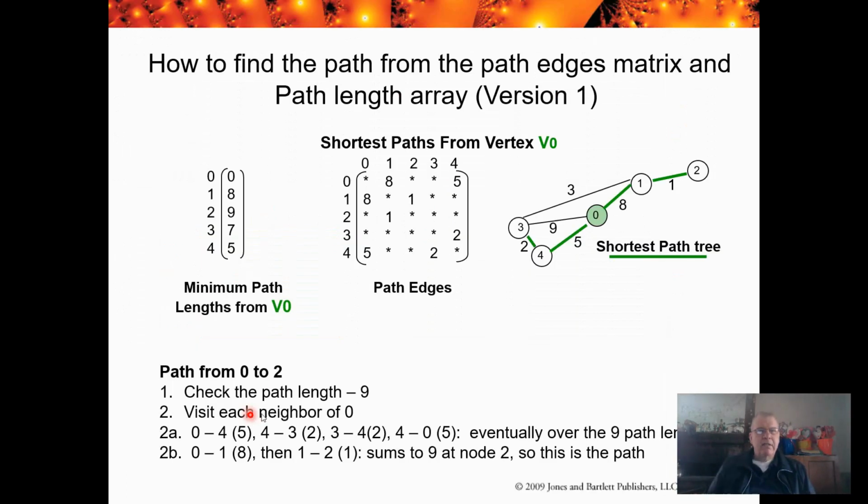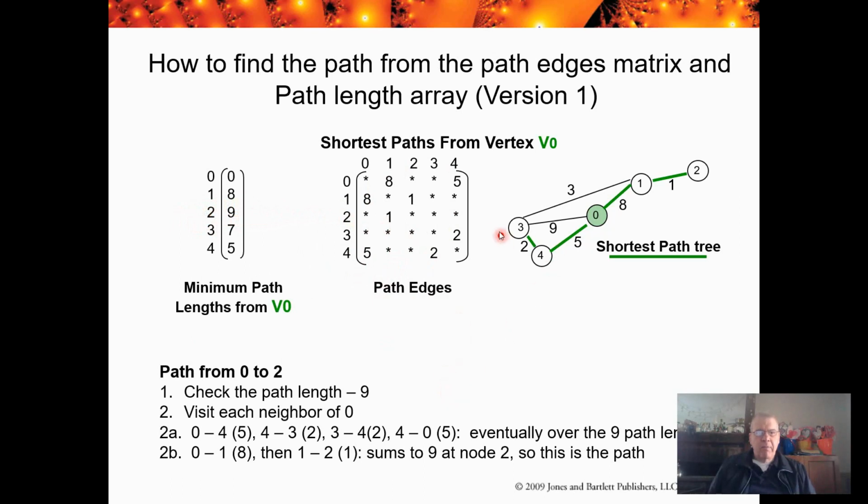And so we've got this path edges matrix right here, and we could find the value, get from 0 by checking the path length from 0 to 2, for example. The edge in the previous matrix, which we computed, is 9.